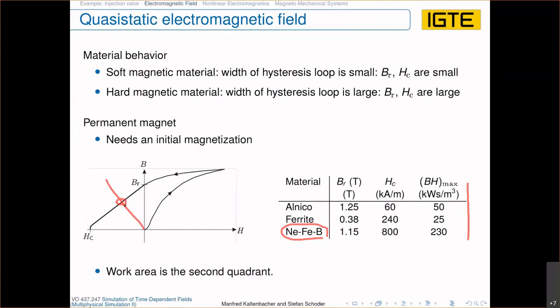What is interesting for such permanent magnets is that they have almost a straight line, so it is a linear behavior in this working area, the second quadrant between H and B, and for most cases you will use a linear material law in order to include permanent magnets within your computational partial differential equation.